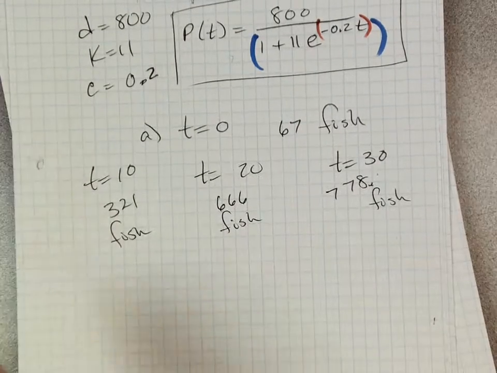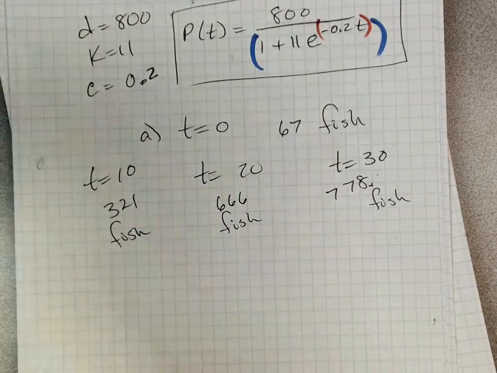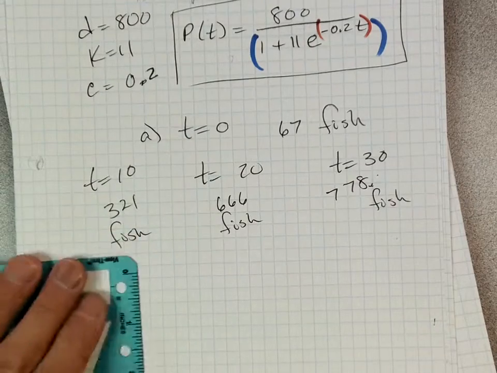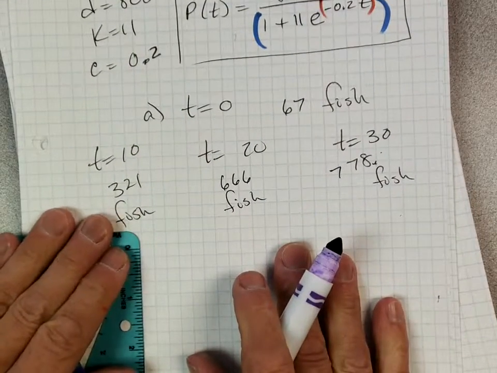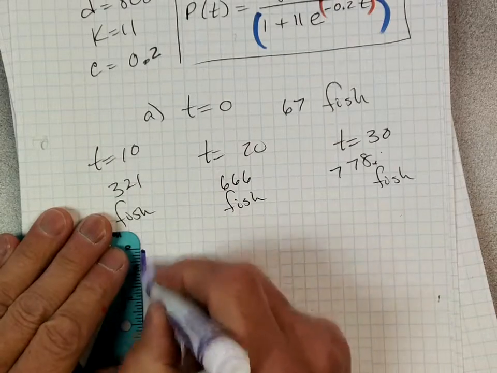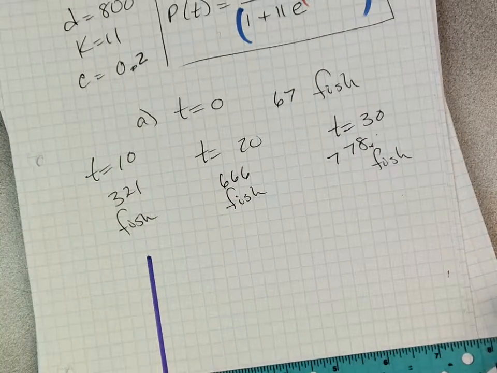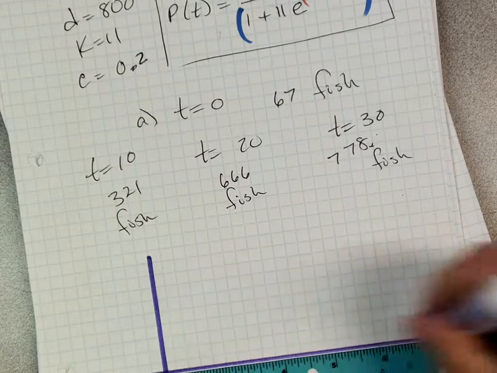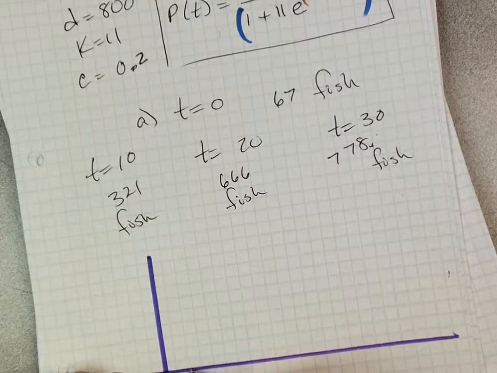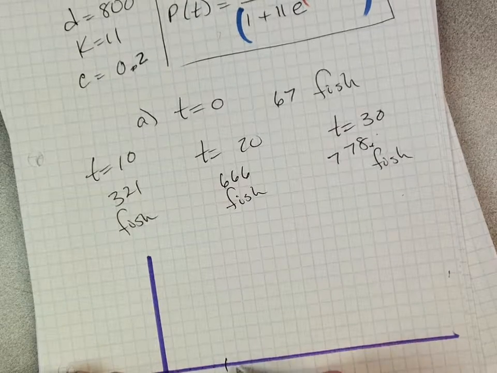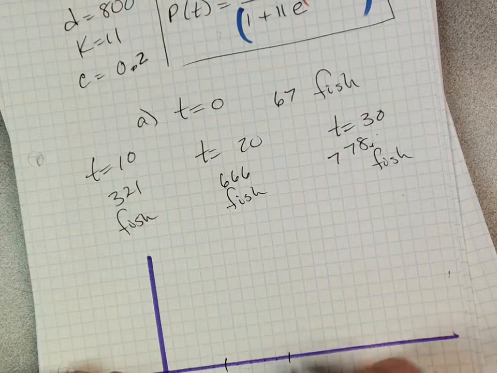Graph P of T. Now I've got plenty of information to graph it, so I'm going to try and put my graph down here. We're almost done. Let's see. Let's go 2, 4, 6, 8, 10. There's 20.